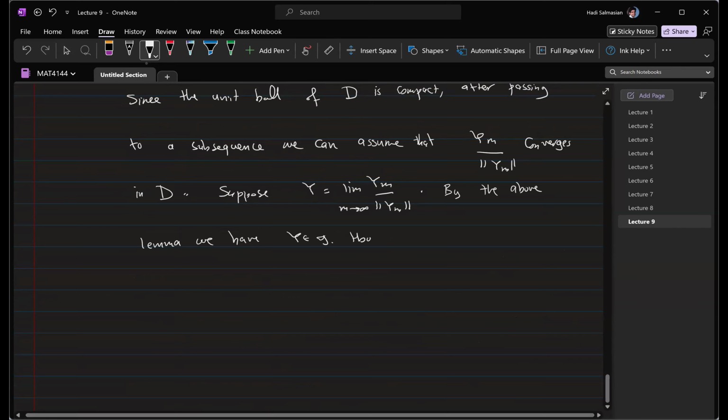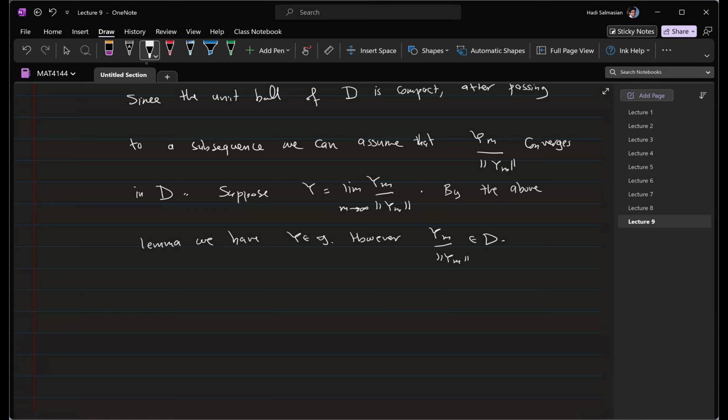but however, ym divided by norm ym is also in D. D is a closed subspace, like it's a closed subset. So any convergent sequence should have a limit in D as well.